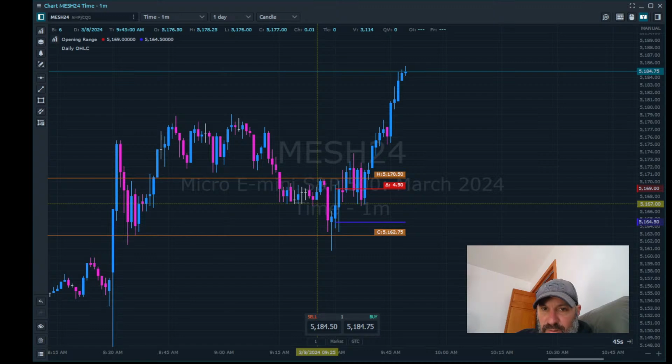So that would be a good place to look and see if we're actually going to come down, would be to get into that gap. So I'm just going to watch here. I still think we're going to make one more push higher, probably, unless this candle drops into the gap.